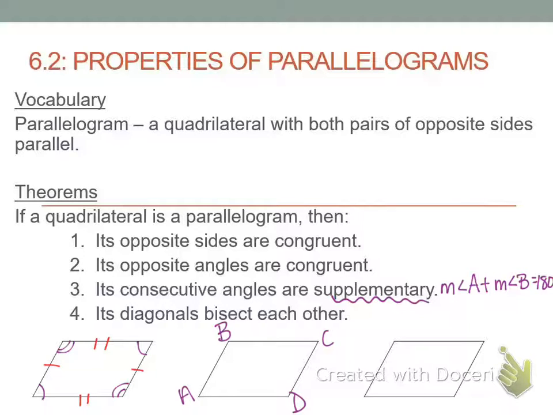The measure of angle B plus the measure of angle C would also have to be 180. If there are 2 angles that are right next to each other in a parallelogram, then they have to add up to 180. So you could make as many of them as you wanted. There would be 1, 2, 3, 4 statements we could make. I've only written 2 of them.